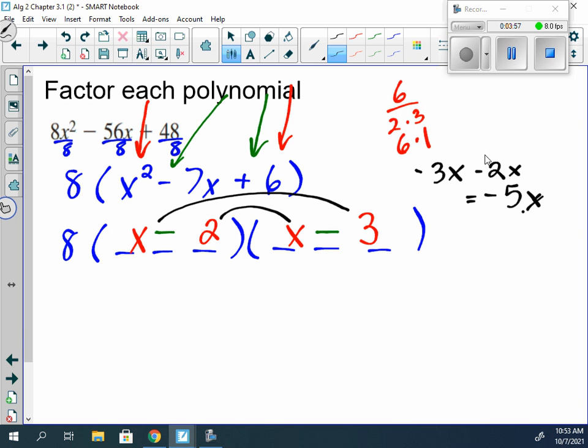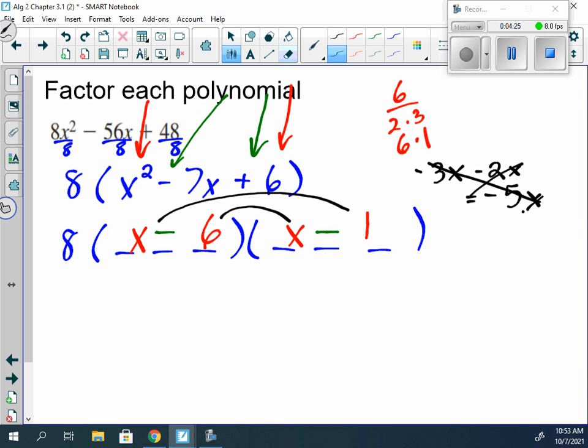Well, I can't do anything with the x and x because that's all there is. Now we could switch the 2 and 3. Would that do anything? No, because the first terms are x and x, and they're both minus, it would give us the exact same thing. So instead of doing 2 and 3, we can do 6 and 1 or 1 and 6.